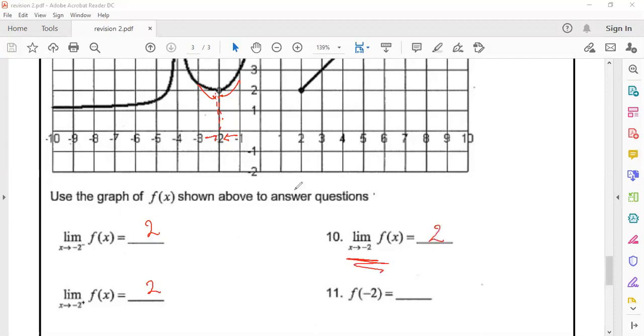F of -2, as you see, has a hole, not bold like this one. I write undefined. When we talk about the value of the function from the graph, if it has only a hole at it, the function is undefined.